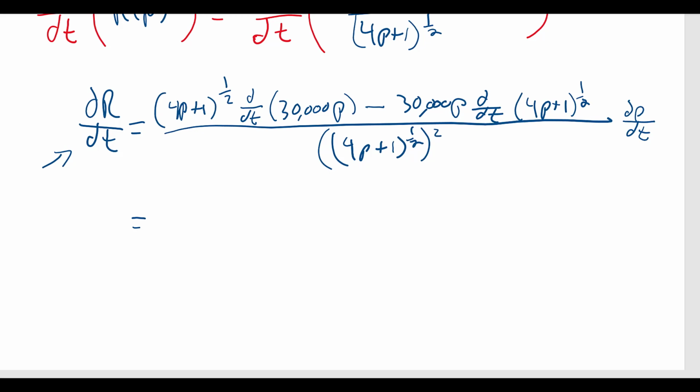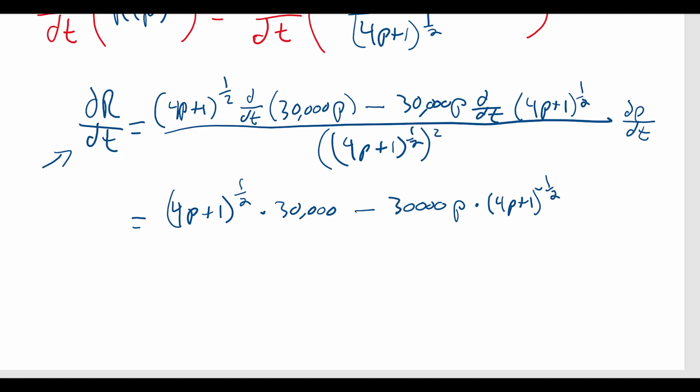So I'm going to clean it up just a little bit here. This is 4p plus 1 to the 1/2 times the derivative with respect to t of 30,000 p, which is just going to be 30,000, minus our 30,000 p, and this derivative is going to be 4p plus 1 to the negative 1/2.